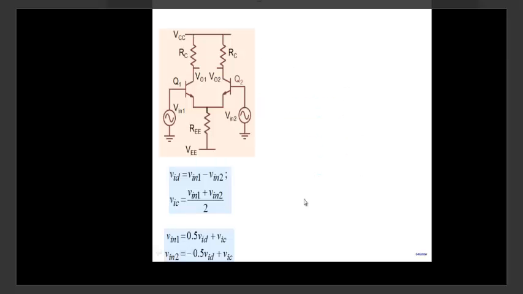Another set of useful results, because we are discussing differential pair. So let's look at a differential pair, a little bit of revision here. One part of the analysis, of course, is a bias point. Bias point analysis, because in differential pairs, we don't say DC and AC and small signal. Note that the input can also be a DC.